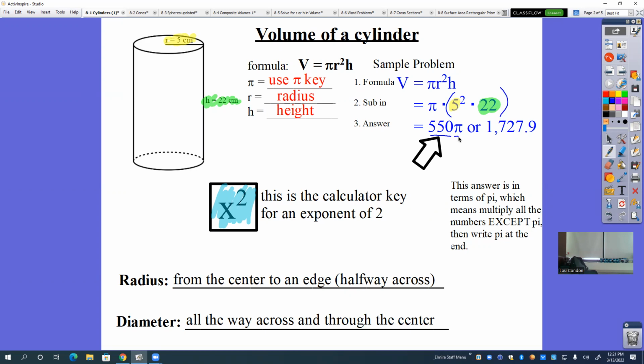Very similar to how when we were solving equations, we would leave x at the end of the number. If the question says to round it to the nearest hundredths or tenths place, you would multiply everything in the equation, including the pi button.